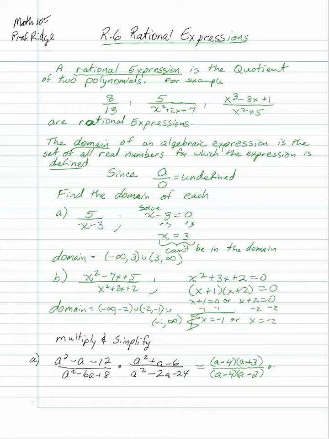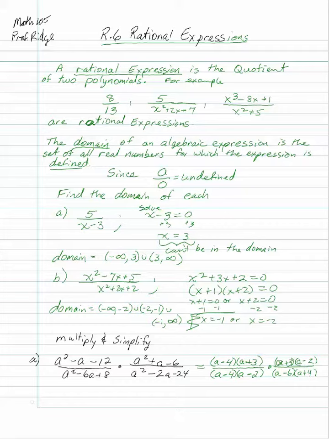And then for the second fraction, factor 6, that subtract to 1. Well, these are a's. Plus 3 and 2. Plus minus. Factor 24, that subtract to 2. 6 and 4. Minus, plus. Okay, and then you cancel common factors, one on top for one on bottom.